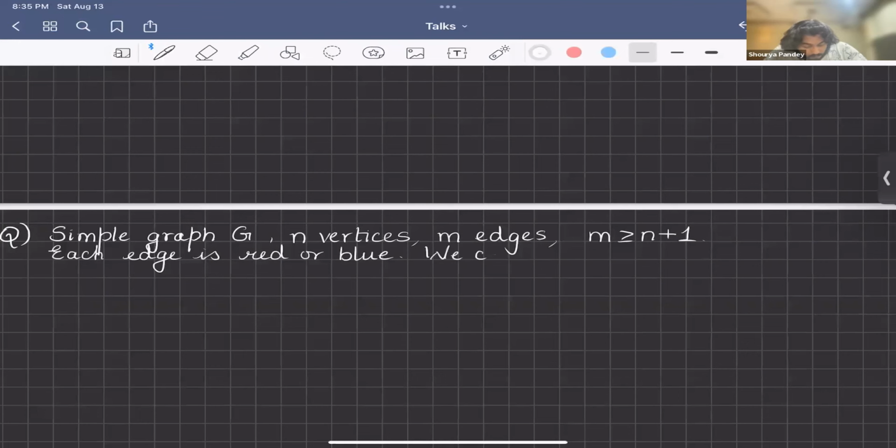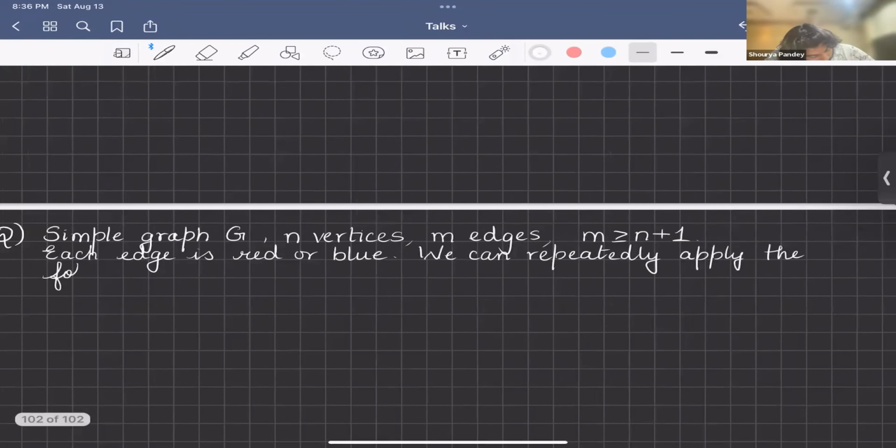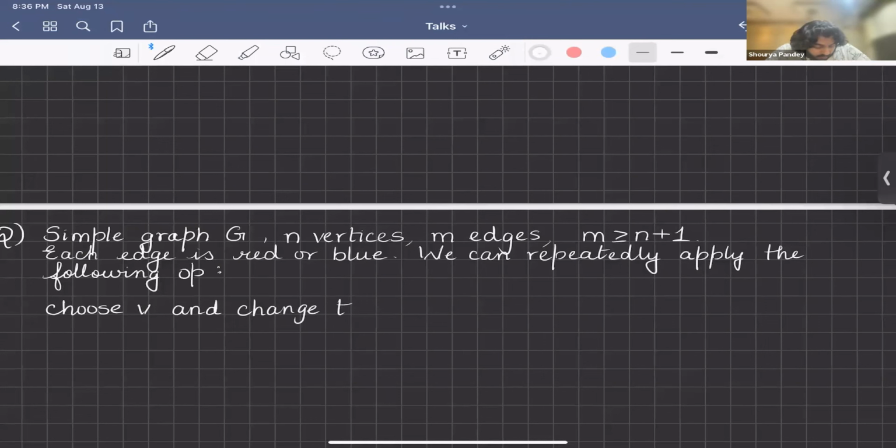So here's what we can do. We can repeatedly apply the following operation: choose a vertex and change the color of each edge incident on it.